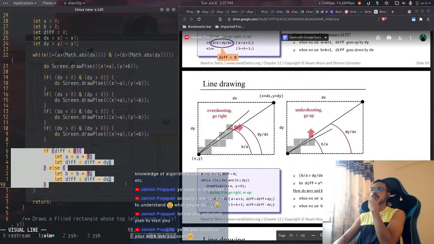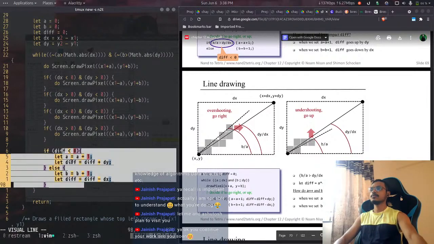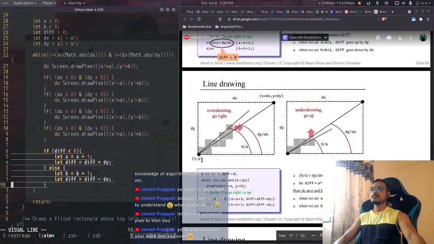Okay, wait a minute. Let me try to just create a logic for this kind of situation where the line goes like this.